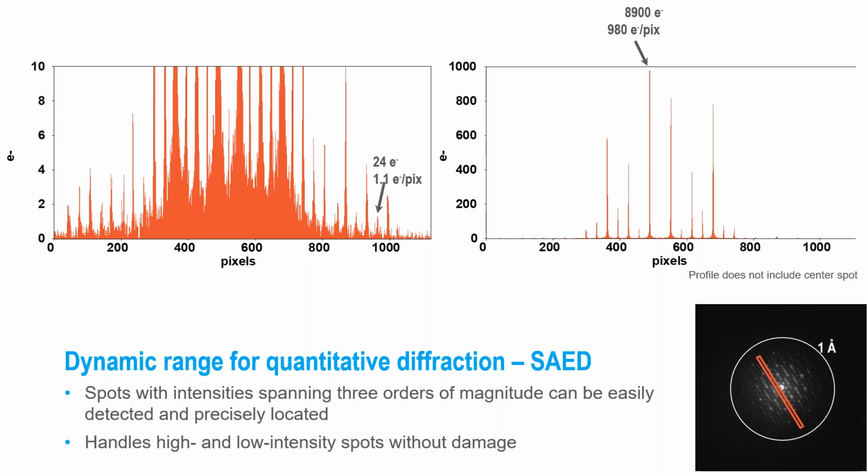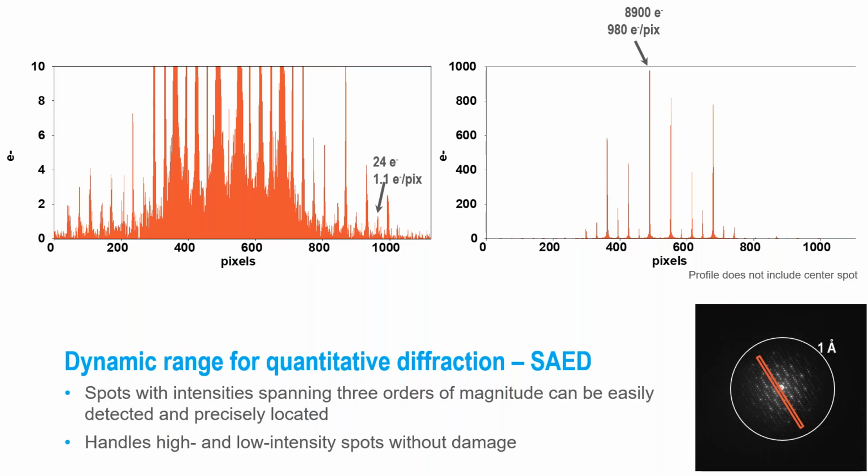It's perhaps inelastically scattered electrons or just diffuse scatter. But that's real signal. Even out here, most of this background around this very small peak is actually real signal from the sample itself.